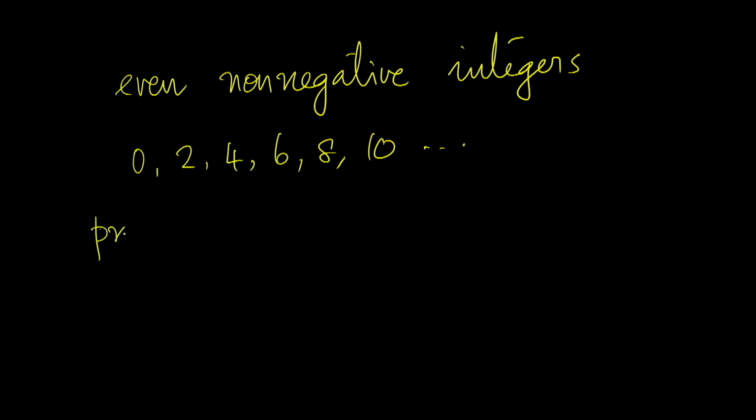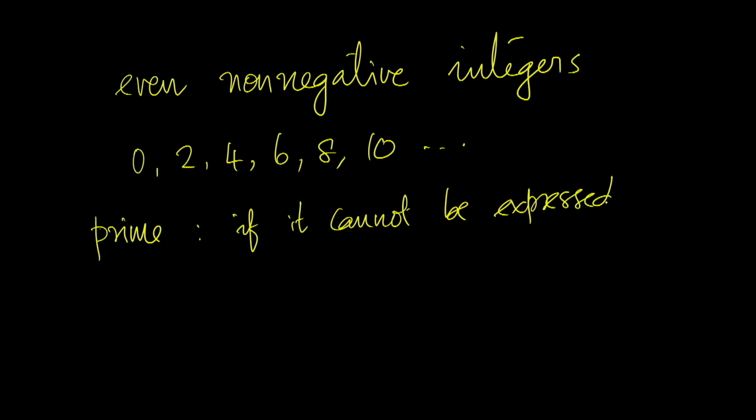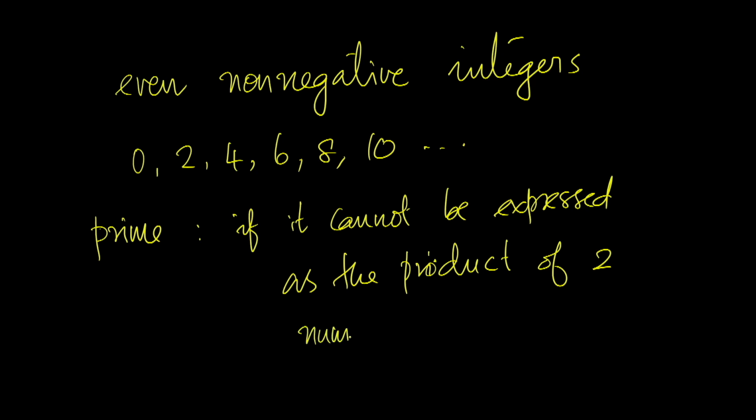In this we say that a number is prime if it cannot be expressed as the product of two numbers in the system. So, let us call this system E. So, this is a system of even non-negative integers. So, a number in this system will be considered a prime if it cannot be expressed as the product of two numbers in E. For example, 50.